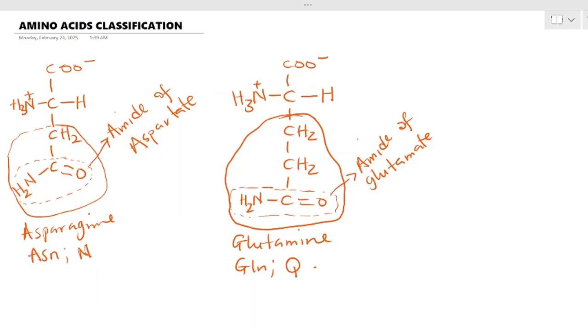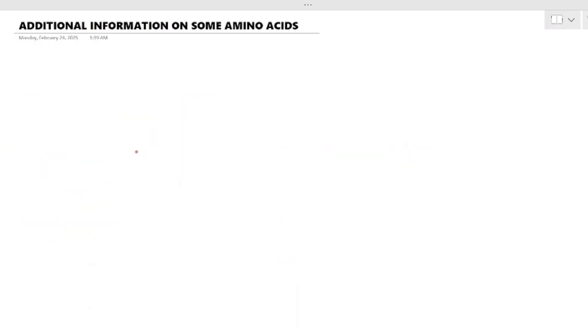Now we're going to be looking at some additional information about some amino acids, and we'll be taking that in the next. Right, welcome. We are looking at some additional information on some amino acids.